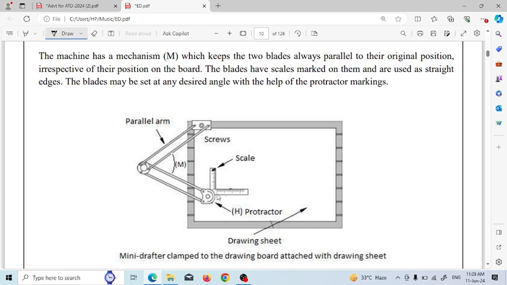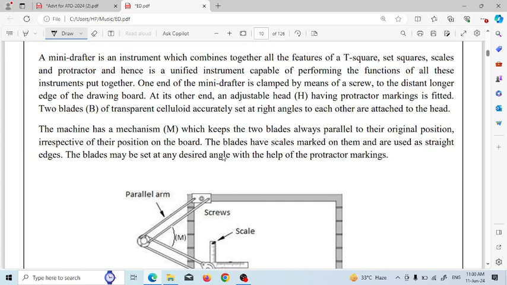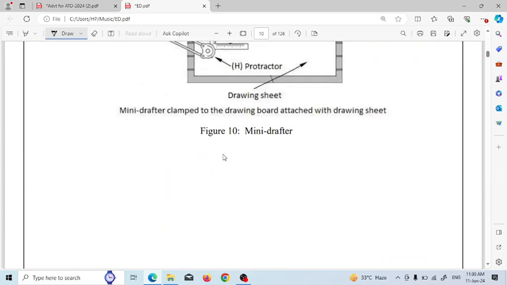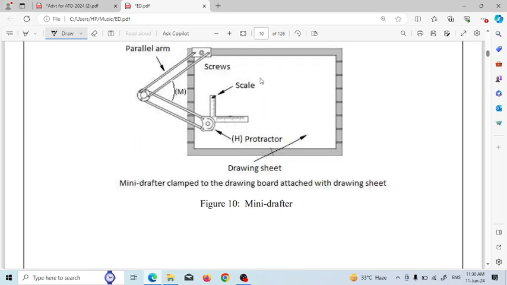And here is the protractor, which is used for measuring the angle, and this scale is used for drawing length and width and measuring the distance. So you have to use this mini drafter in your engineering drawing in BTech or diploma classes. This is called the mini drafter.